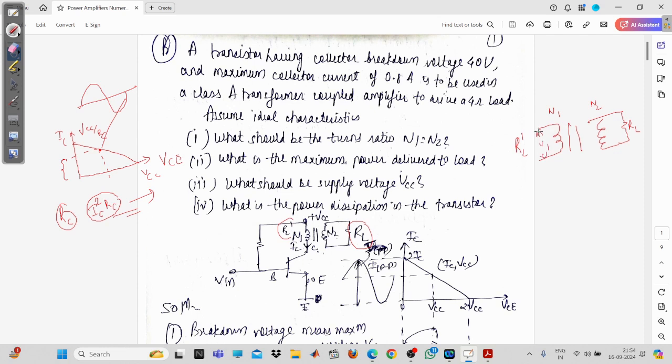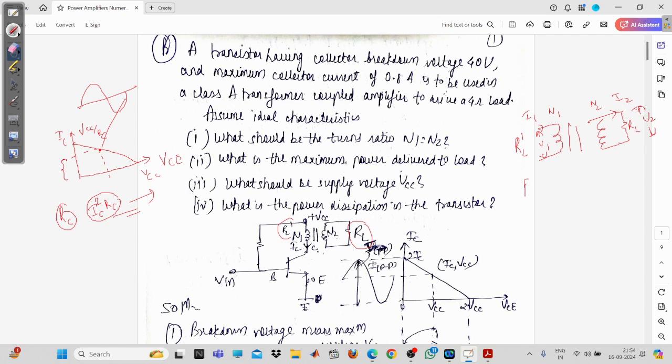We will assume the current flowing through the primary of the transformer is I1. Similarly, this is I2, because you will have to feed the load resistance. That is why the current is directed into the load resistance, and this is V2. V2 is the output voltage of the load, and V1 is the voltage of the source.